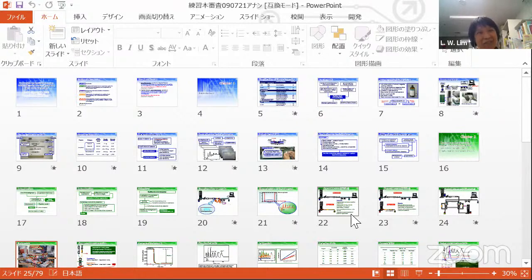If you Google omics, or if you Google metabolomics, then you will know it is a new research area in analyzing metabolites in our system. So most of the time we use LC-mass.